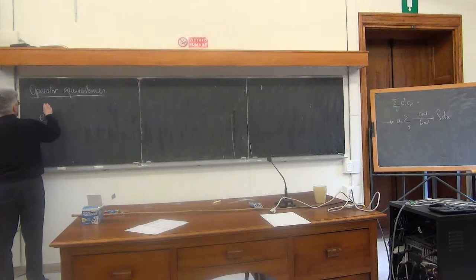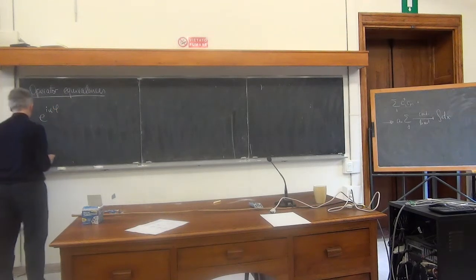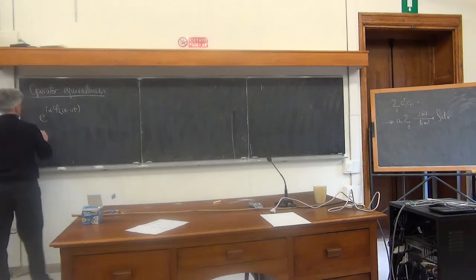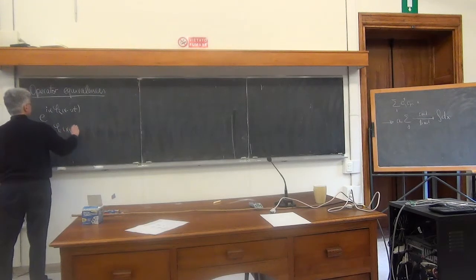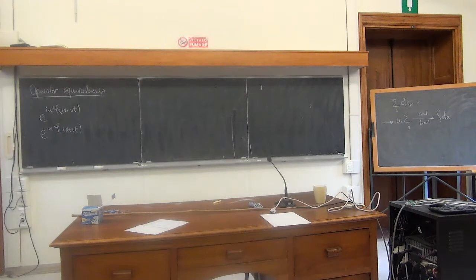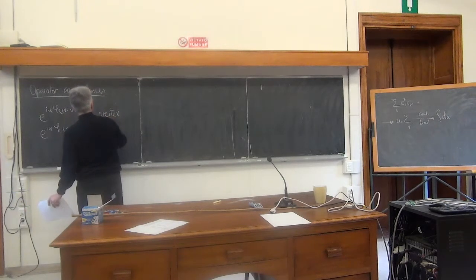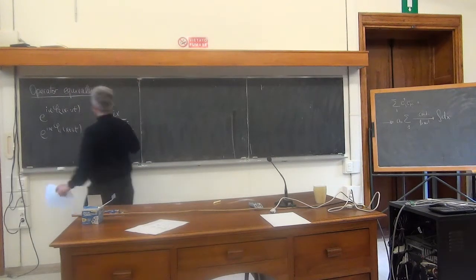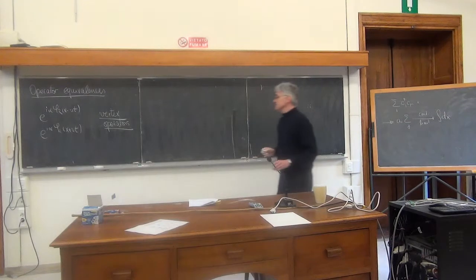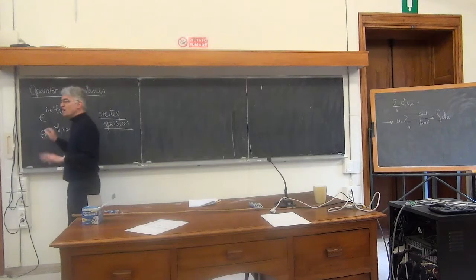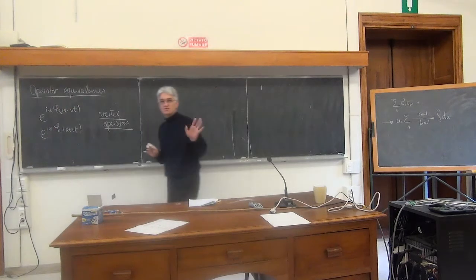So operators of the form e to the I alpha, phi right, let's say, x minus vt, or e to the I alpha, phi left, x plus vt. So these are called vertex operators. Okay? And at the moment, I'm saying nothing about what values for alpha I'm allowed to consider here, and so on and so forth. Yeah?